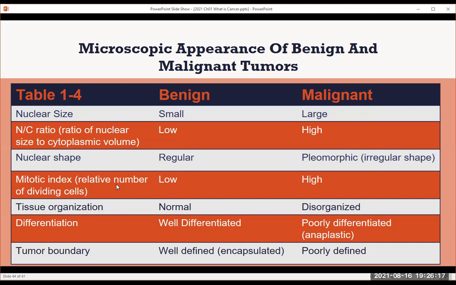Mitotic index, the relative number of dividing cells, is low for benign, high for malignant. Tissue organization is normal for benign, disorganized for malignant. Differentiation is going to be well differentiated for benign and poorly differentiated for malignant, sometimes referred to as anaplastic. Tumor boundaries will be well defined for benign and poorly defined for malignant.